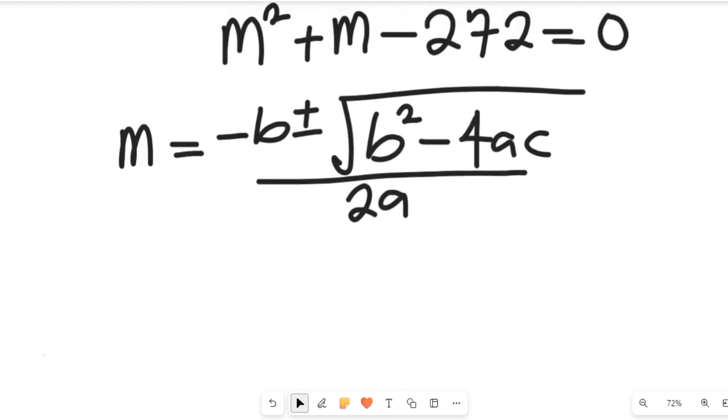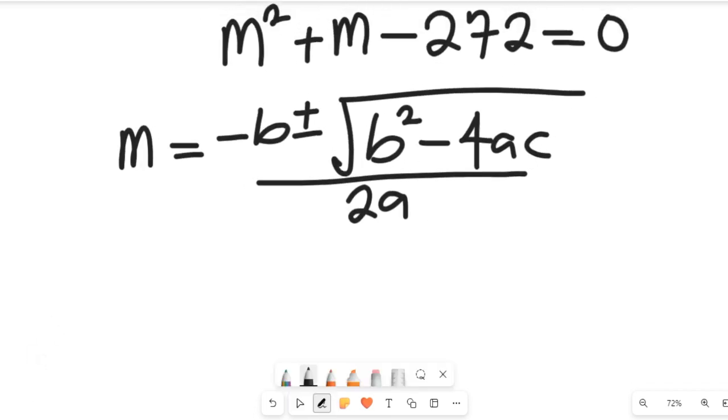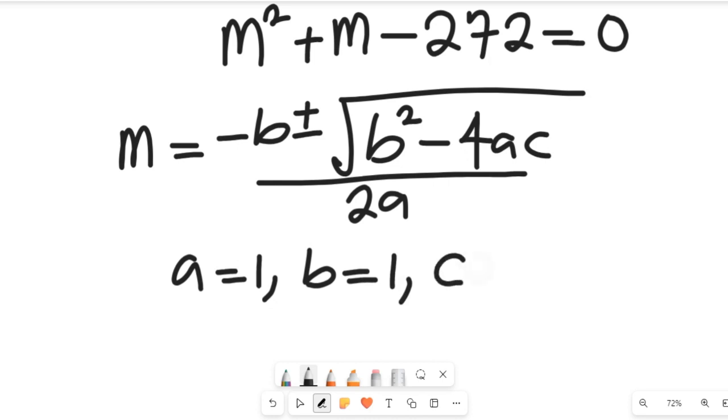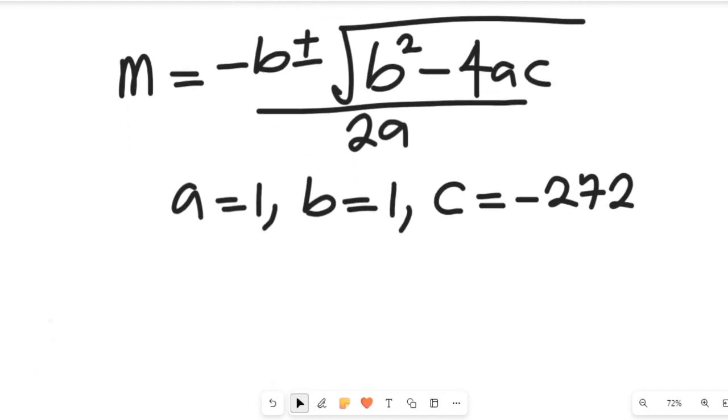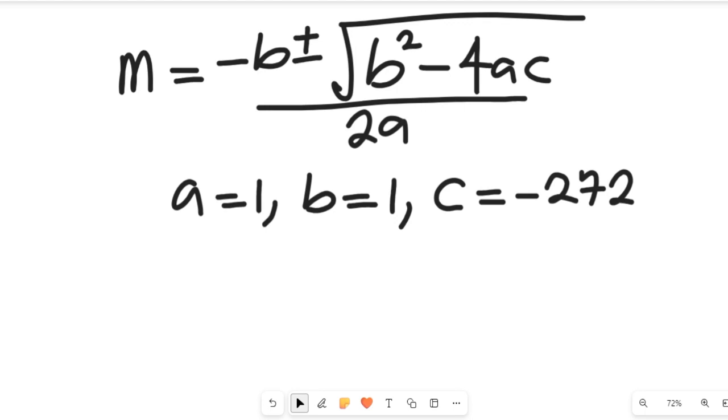So if we insert the values, a is equal to 1, b equal to 1, and c will be equal to negative 272. Great. So we are going to substitute these data into the quadratic formula.